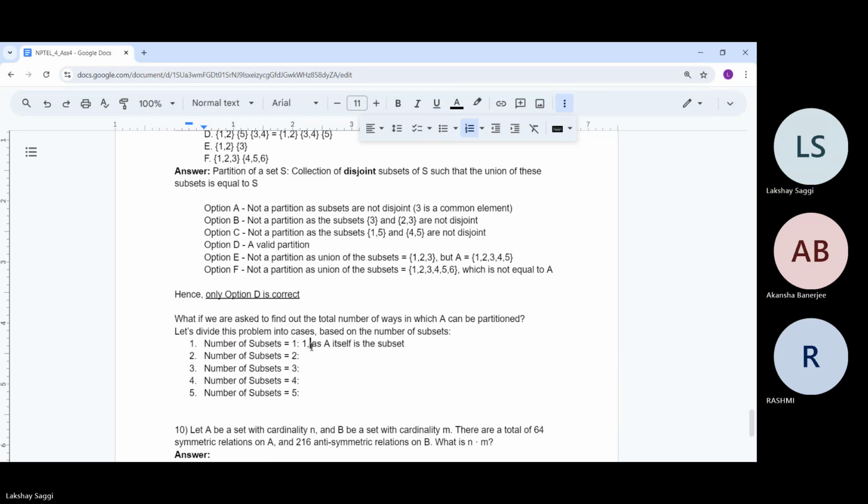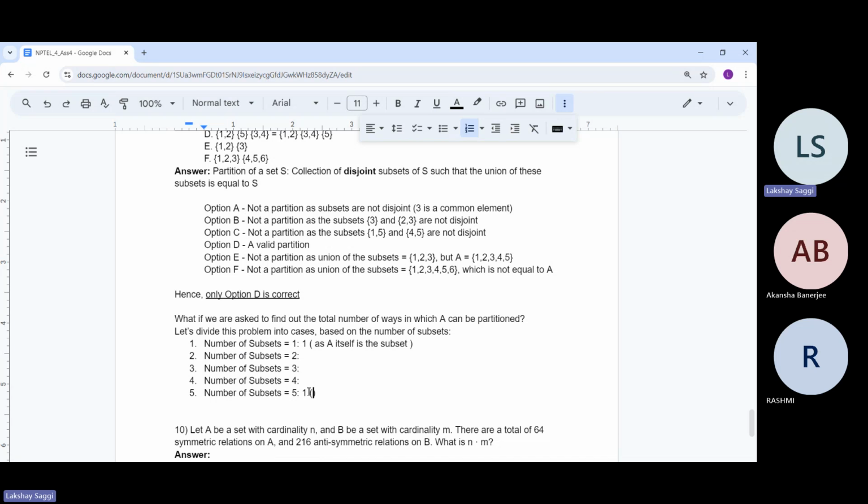Similarly, if the number of subsets is 5, then also I claim that the number of partitions can only be 1.